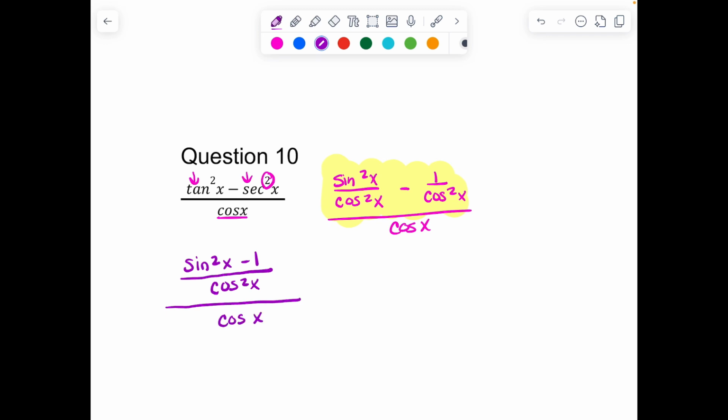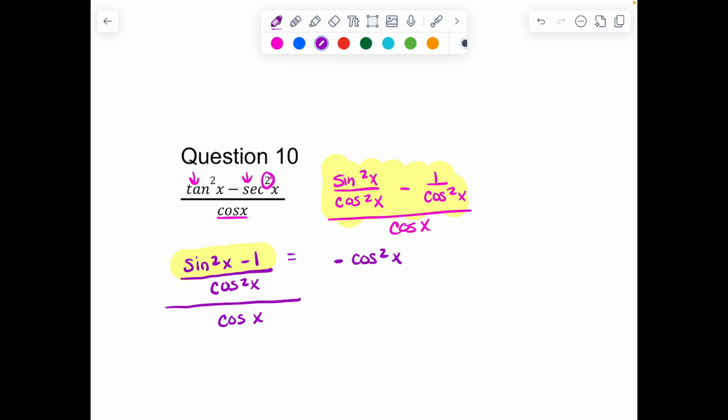Well, then look at your identities. This is a Pythagorean identity, so we can actually write it, and this one's a little bit trickier because usually it has a plus, but if you move signs around, you would end up having a negative cosine squared of x is what this equals, okay?